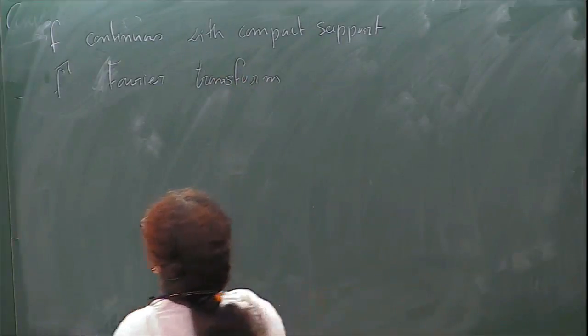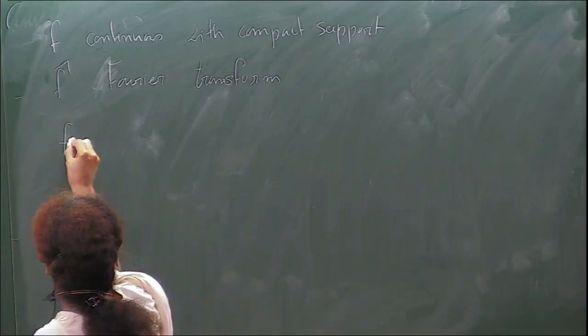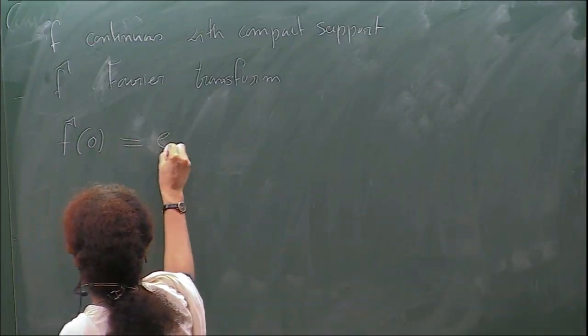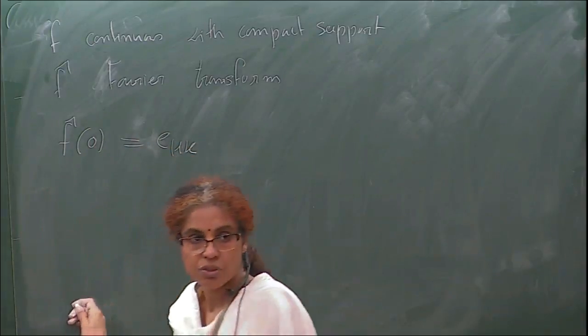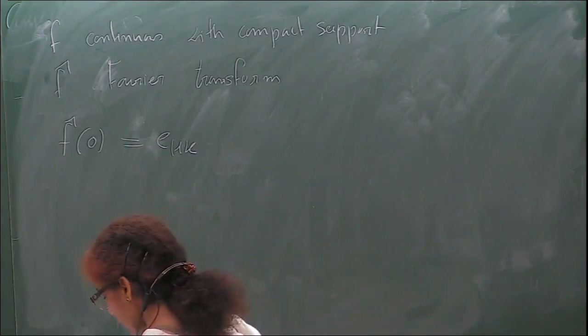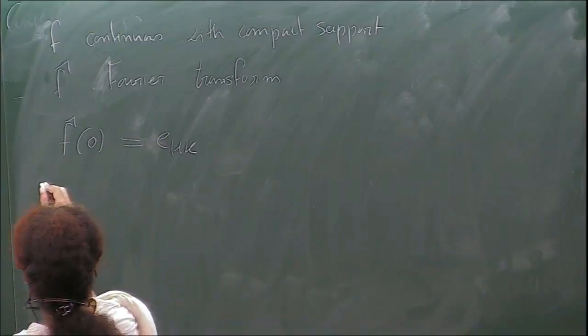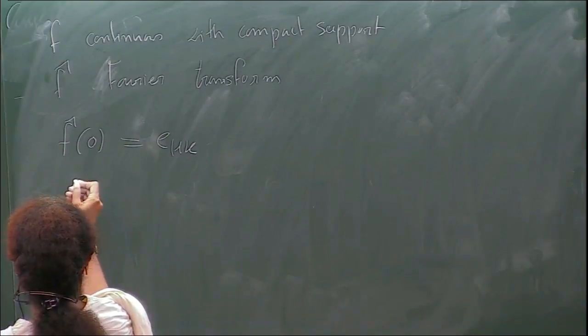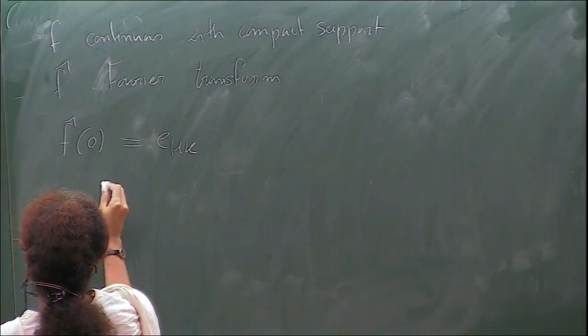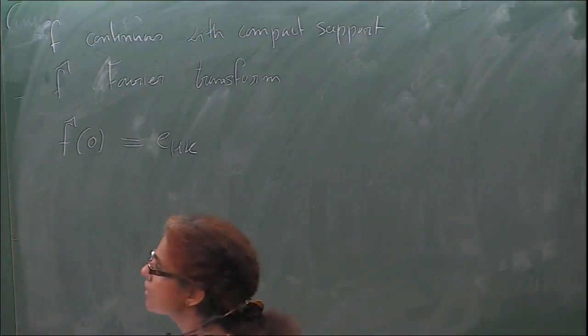When you look at the Fourier transform, the first thing is that you evaluate it at 0, and this is going to be your EHK. So EHK is just a point of a Fourier transform. That's one thing. And that convolution thing just says the Fourier transform of a tensor product is just a product of the Fourier transforms, so that was nothing.